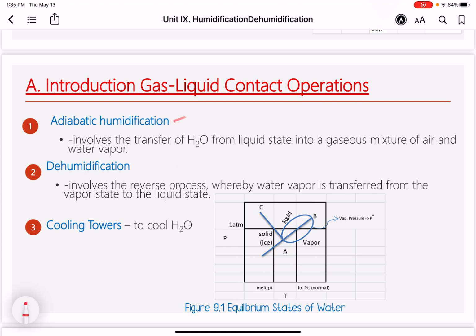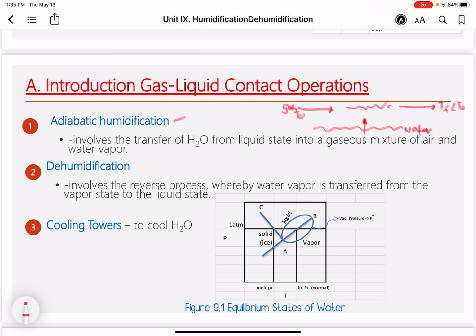So in humidification, if you have here a stream of water and then you pass a gas through it, the water is being evaporated and it goes to the stream of gas. Therefore, the final temperature of the gas is lower than the original temperature.